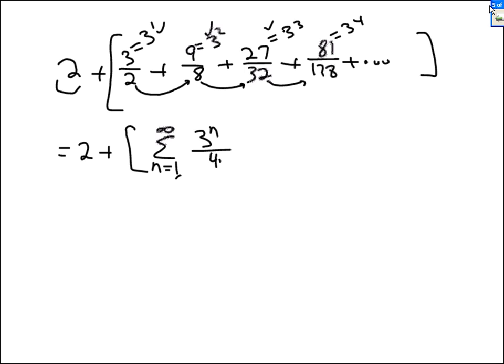So we multiply n by 4. When n is 1, 4 times 1 is 4. So 4n. You'll get 4, and then when n is 2, you get 8.